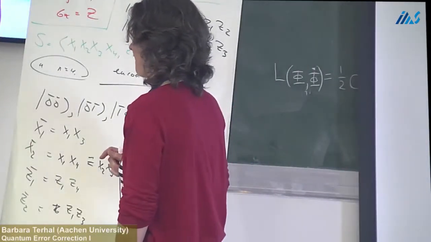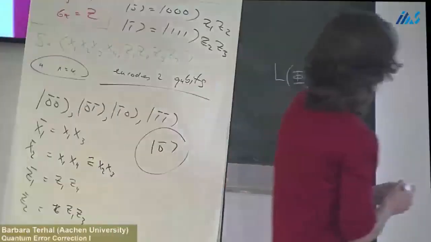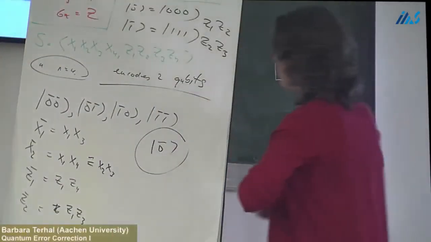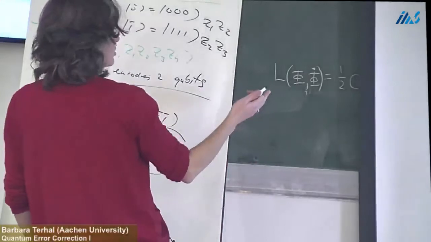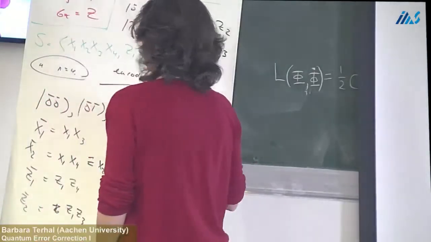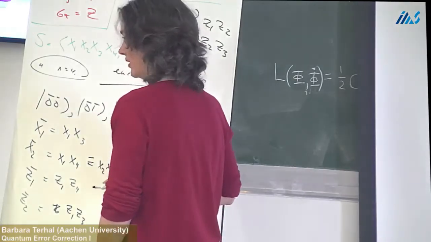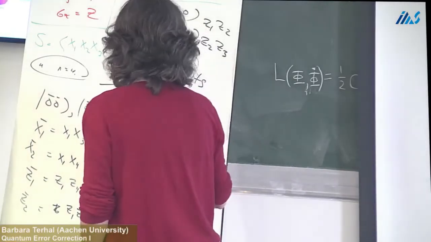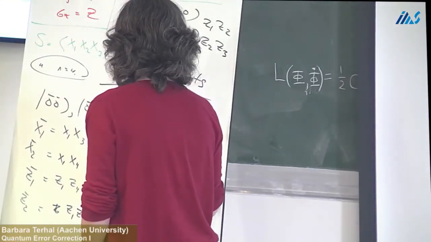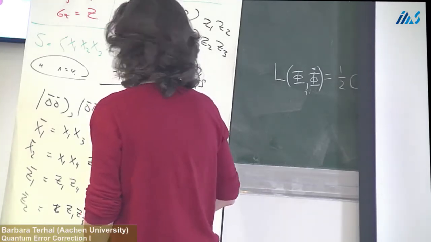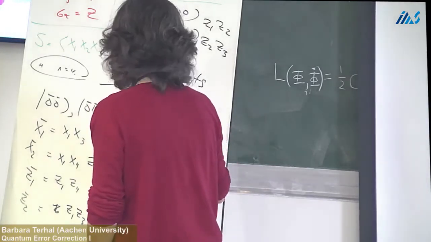So what is a logical error? A logical error would be a process by which this gets taken to 1, or it gets taken to alpha 0 plus beta 1, which cannot really happen with Pauli errors.